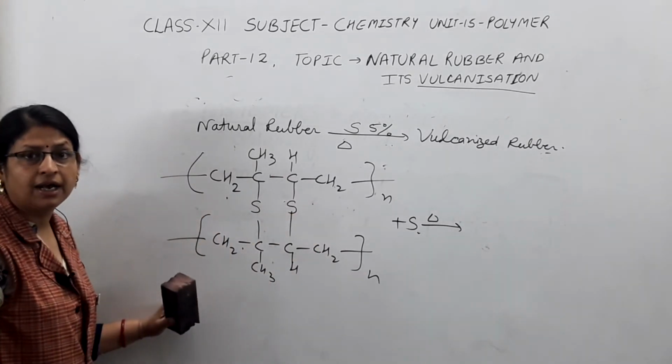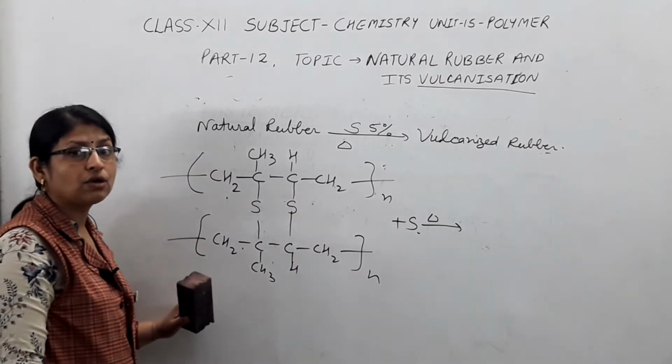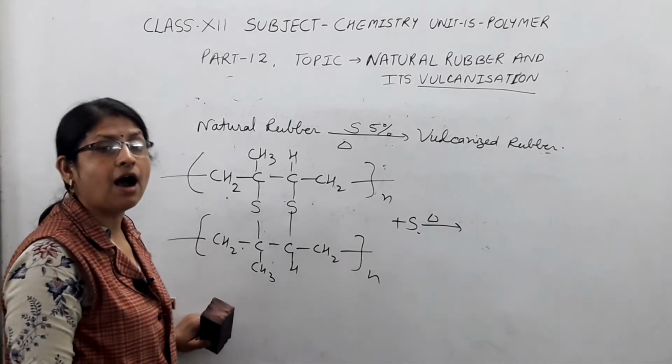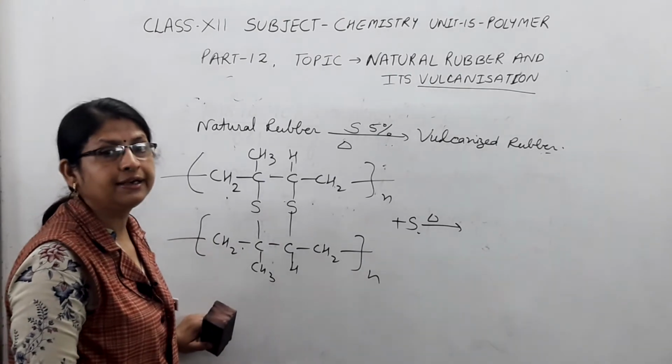That is known as cross linking. When cross linking takes place, the hardness of natural rubber increases.